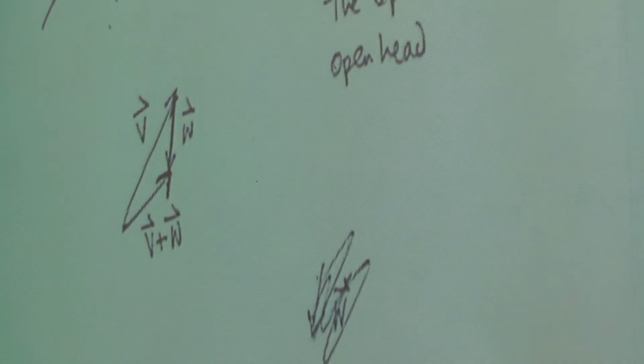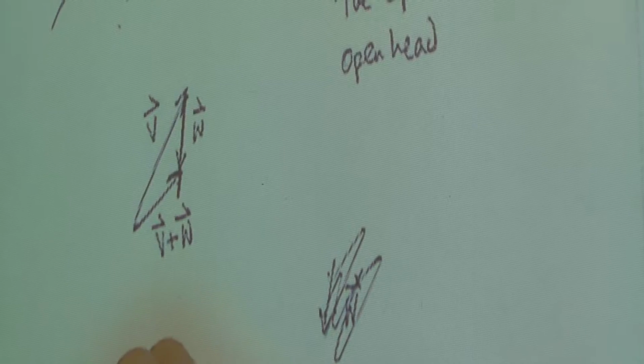Well, okay, I'm apparently not going to do it there. So let me do it over here. So here is W to the best of my ability, and V would do this.